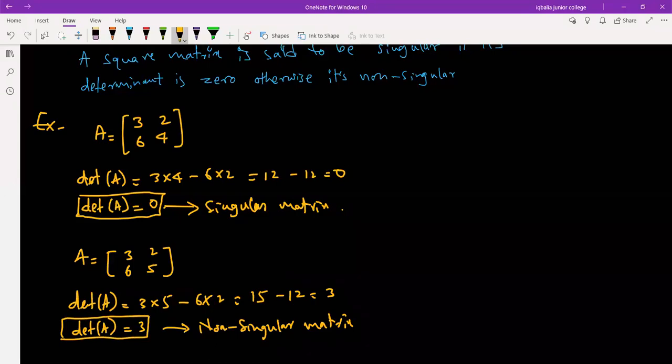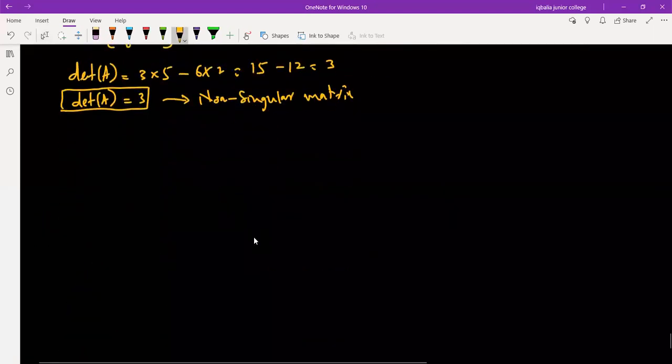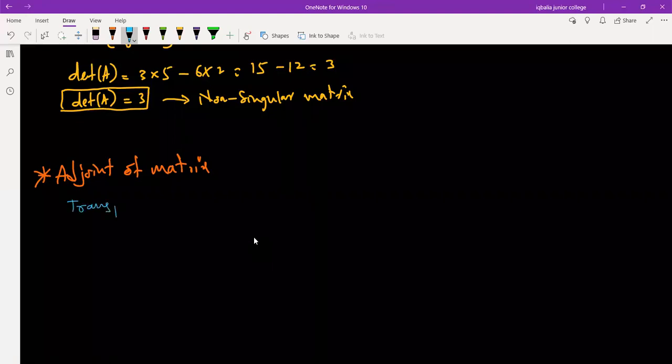After this, adjoint of matrix. The first topic was our adjoint. So, adjoint of matrix is nothing but the transpose of a matrix.